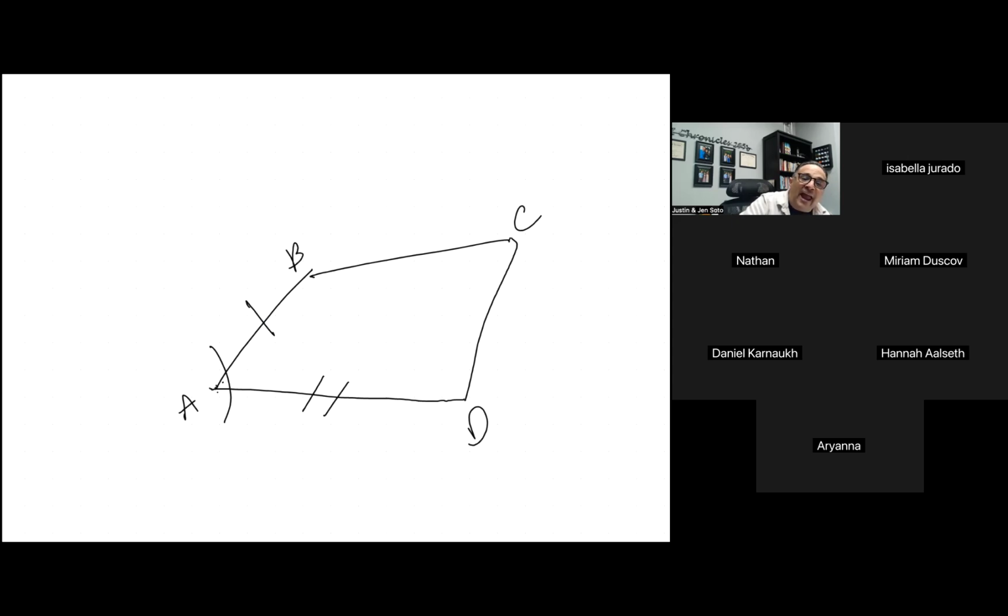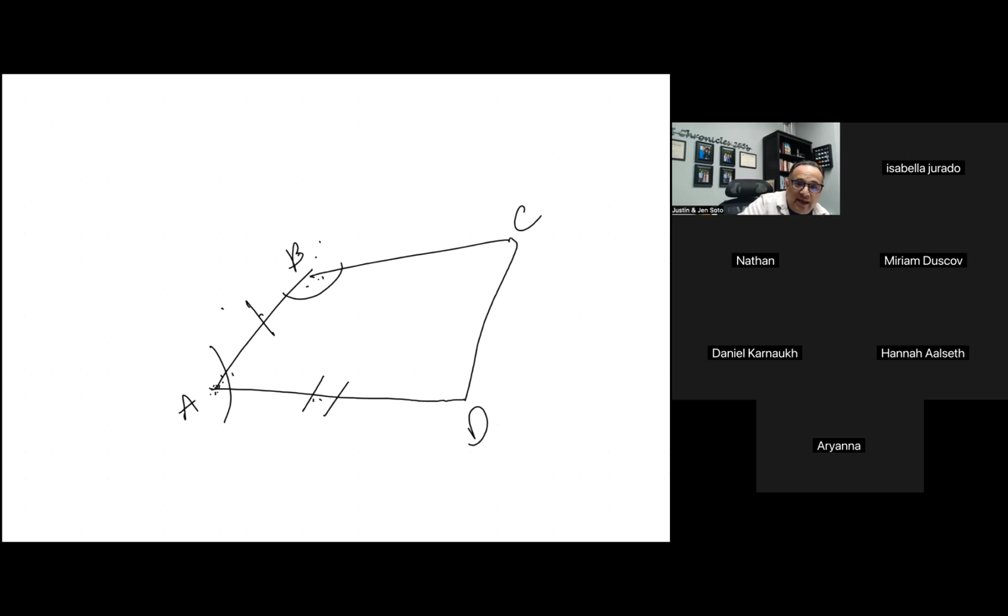Okay. You also can have consecutive angles. Angle A and angle B are consecutive, meaning they go one after the other. So B is consecutive to A, D is also consecutive to A the other direction. Okay, so you have consecutive sides, consecutive angles. You're also going to have opposite sides.